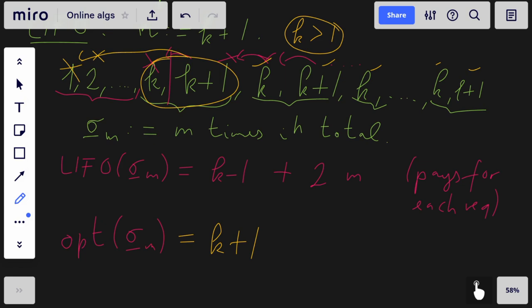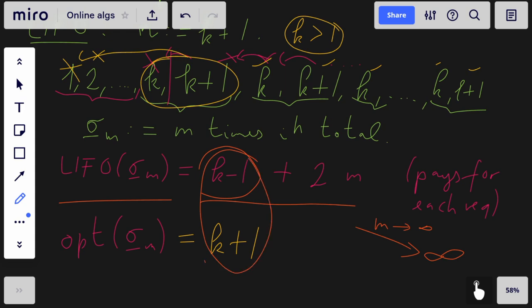And the ratio, the LIFO divided by the optimum, is just this one, which diverges to infinity if we just let m loose, because k is a constant, so this part here is just a constant, and this part is plus something divided by a positive constant, which just tends to infinity.